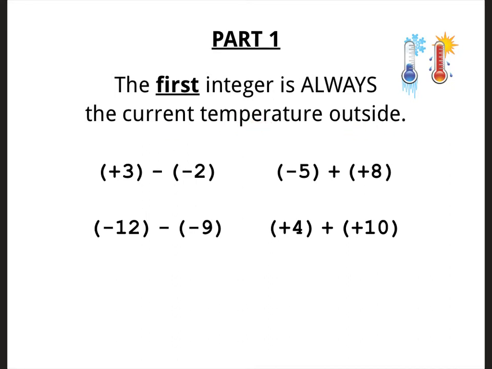In this first example, the current temperature is +3 degrees outside. In this next example, the current temperature is -5, and then we've got -12 and +4 degrees. So first step, look at the question. The first integer is the current temperature outside.